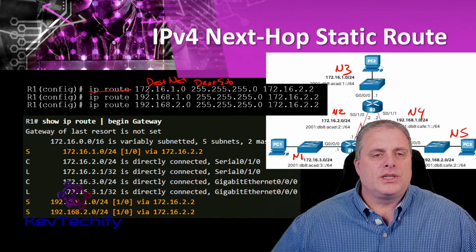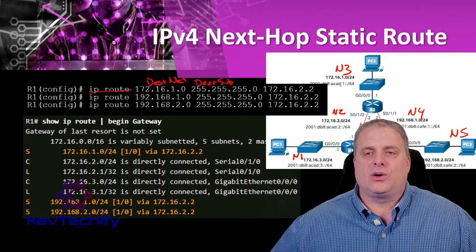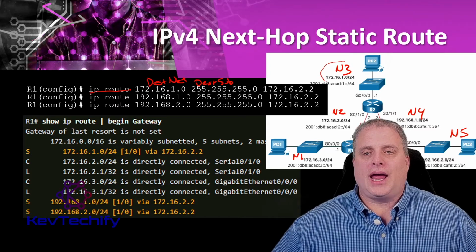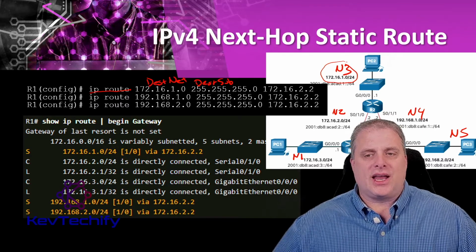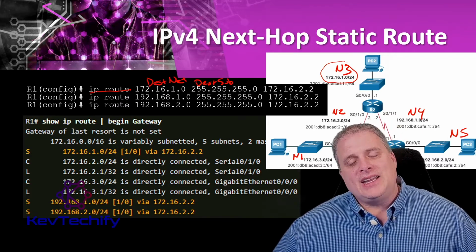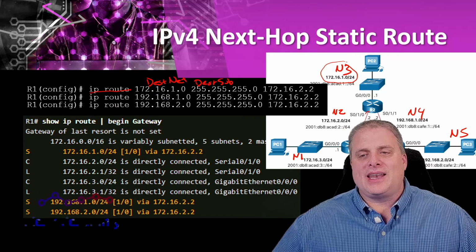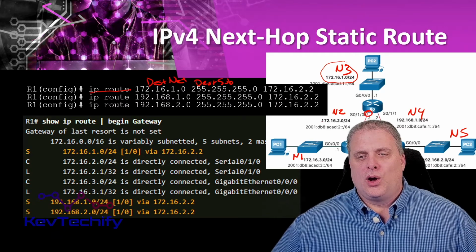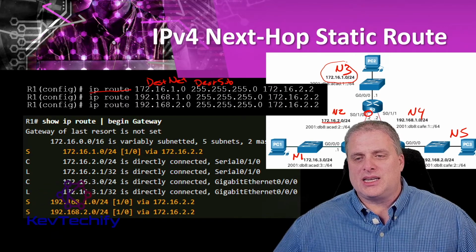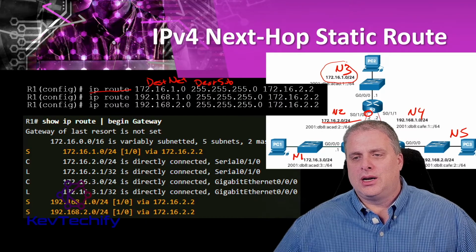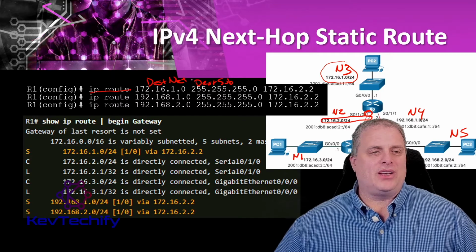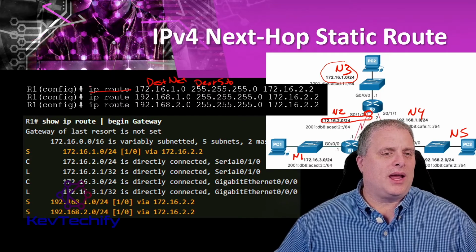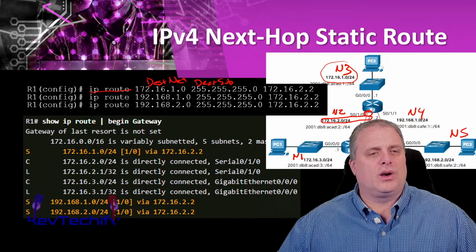The network 172.16.1.0, that's our network 3 address. Now, it's not directly connected. That's why we're setting up the static route, and we're going to send it out. And this is that next hop IP address, 172.16.2.2. That's the next hop IP address. If we go back here and look at the command, IP, because we're part of the IP suite, we're dealing with routing, so the keyword here is routing.